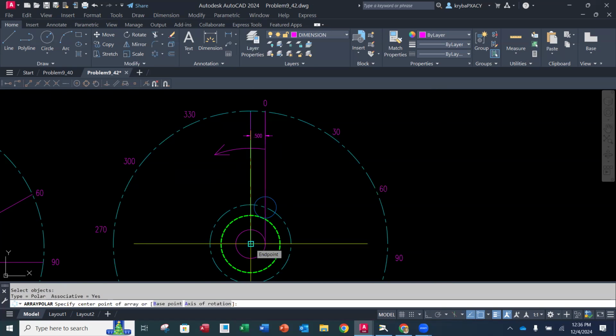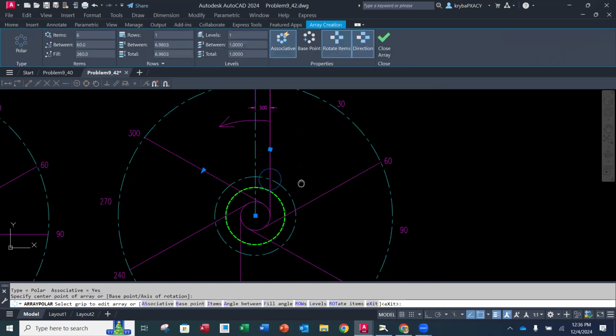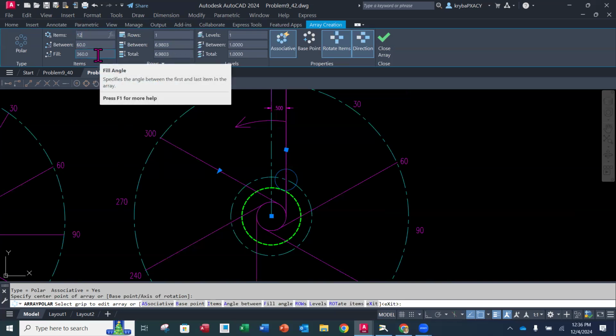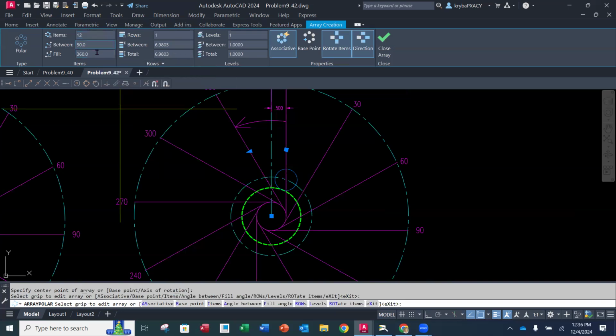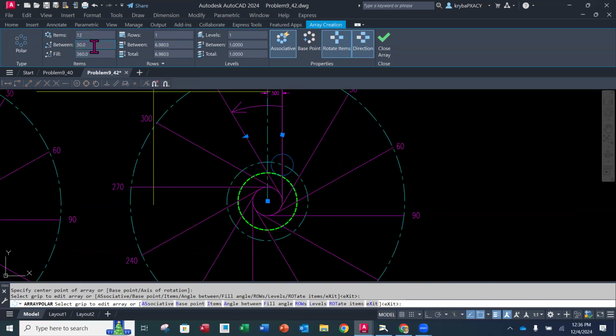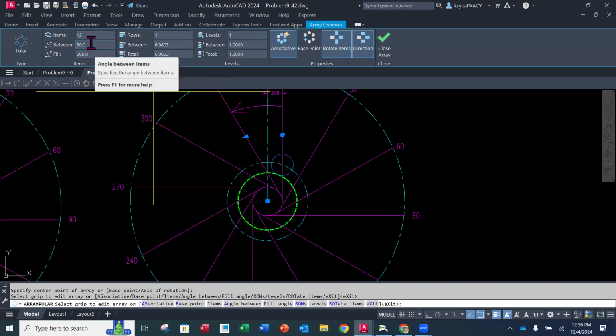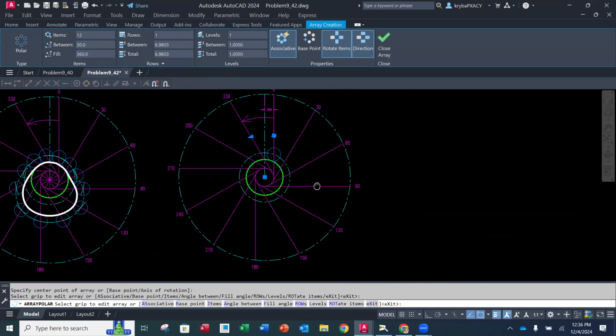That is going to be the center of rotation for the cam. So I'm going to click down here on that center. And now a new menu is going to come up, and it's going to want you to fill these in. So we need the number of items to be 12. If you just hit enter here, it's going to automatically update it so it's evenly distributed around 360 degrees. It is going to be 30 degrees between each one.